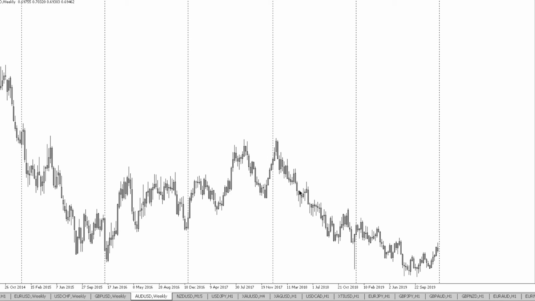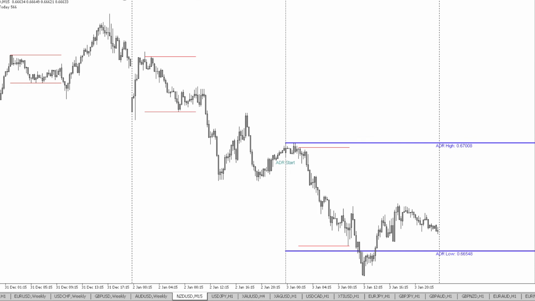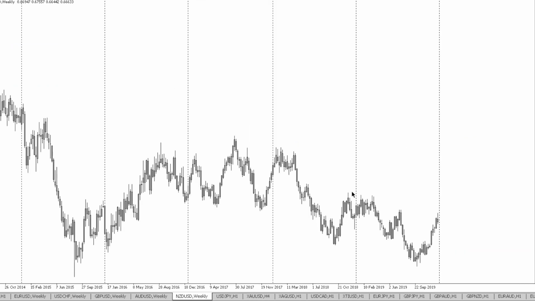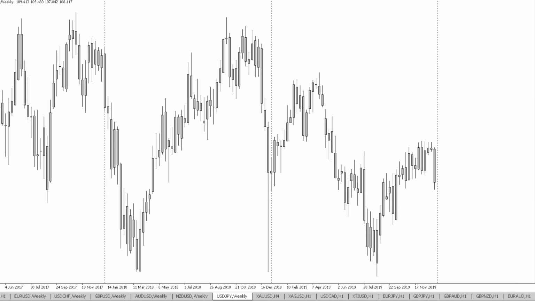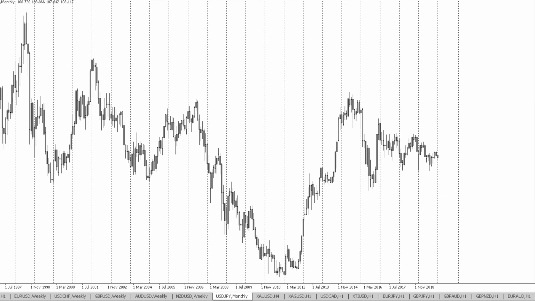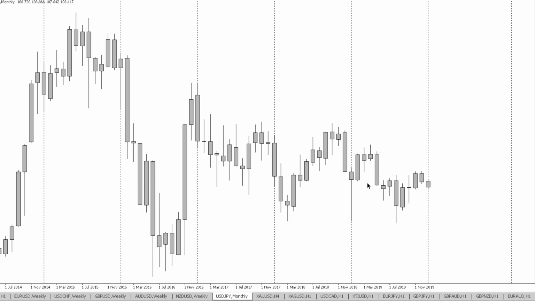So you see bear market, strong bear market since 2017. So it just gives you a bit more of an overall view. Obviously, you can see these things anyway with the naked eye, but sometimes when it's just mapped out for you like this, it's just a bit more helpful for you to understand why price is reversing at certain lows.